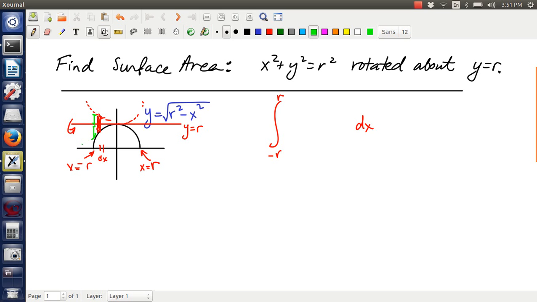Okay, so it's going to be somewhere in this expression. You're going to get r minus this expression, r squared minus x squared. This right here is this green distance. Okay, so we know that's going to show up somewhere in our formula.